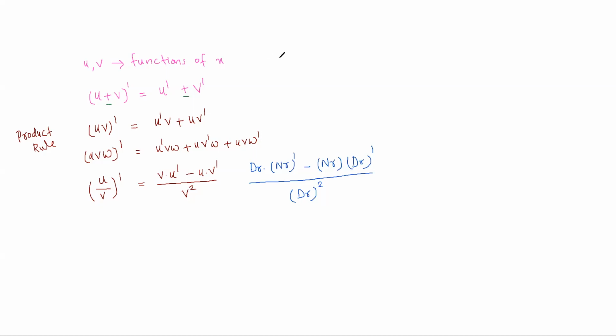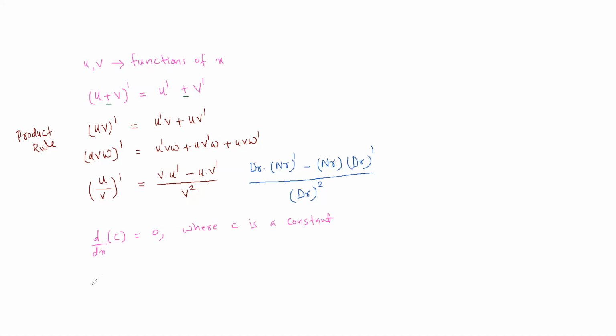Then another thing is, the derivative of a constant is equal to 0, where c is a constant. Derivative of a constant is equal to 0.